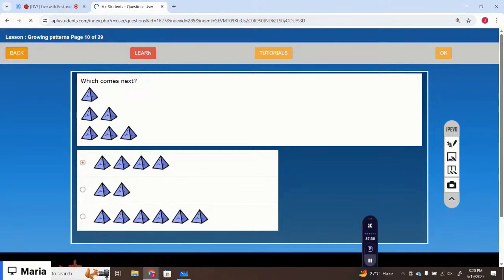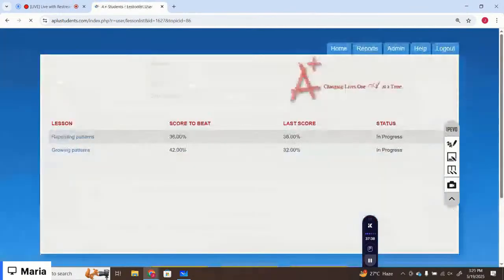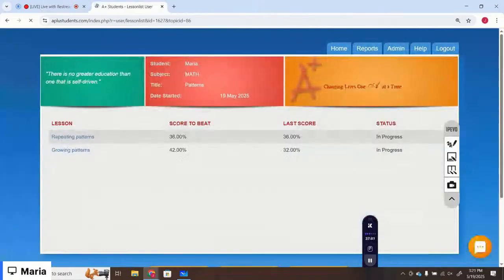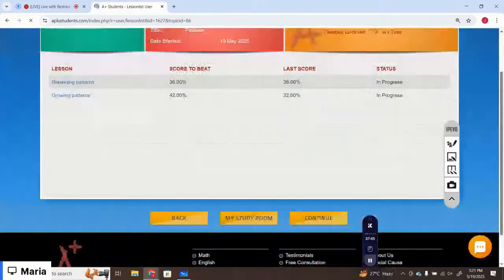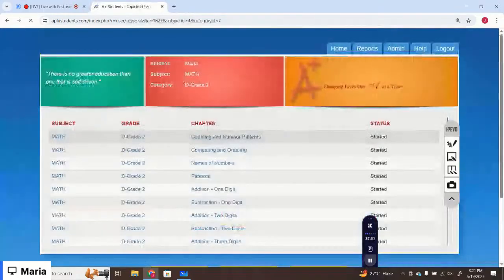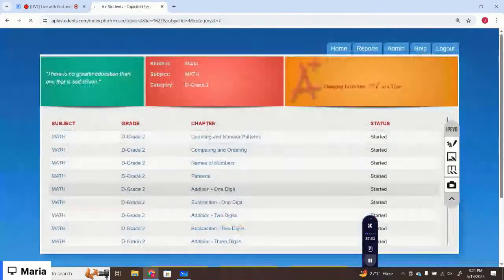Hopefully you can complete the lesson by yourself, because let me just move on to the next lesson. So basically, we're done with the chapter pattern. Now we're going to start with the lesson, the addition of one digit. So let's just start with the lesson.